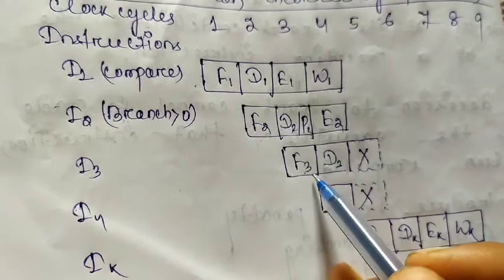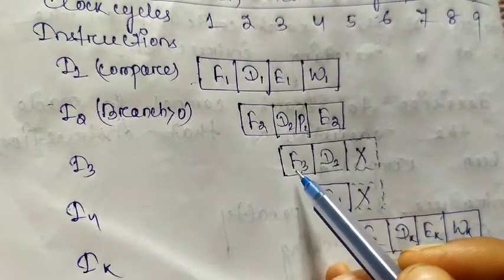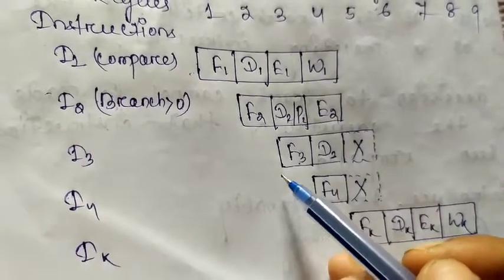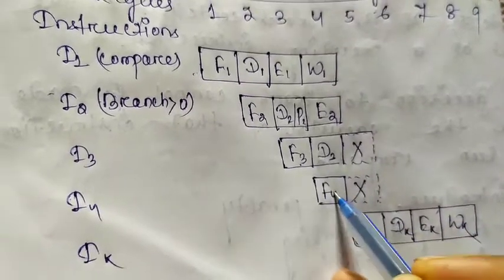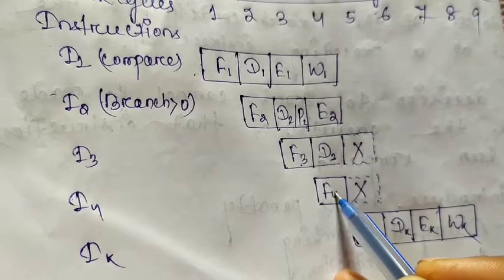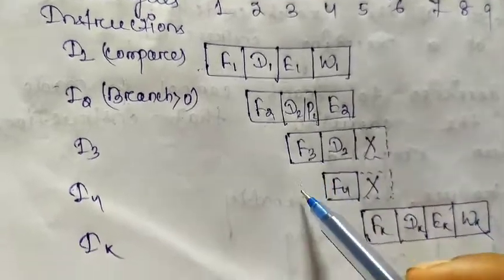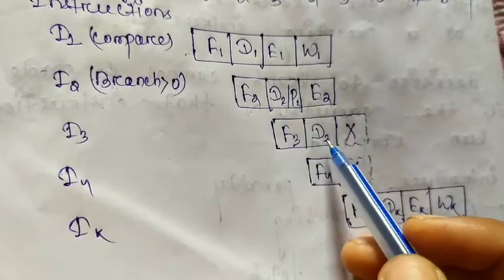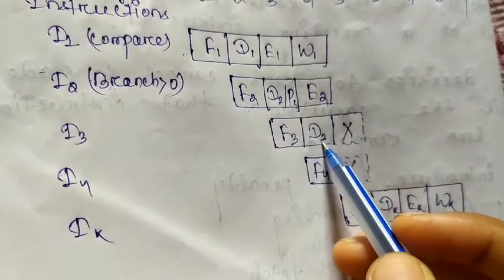So the fetch unit predicts that the branch instruction will not be taken, and it continues to fetch instruction I4 also. I3 now enters the decode stage.